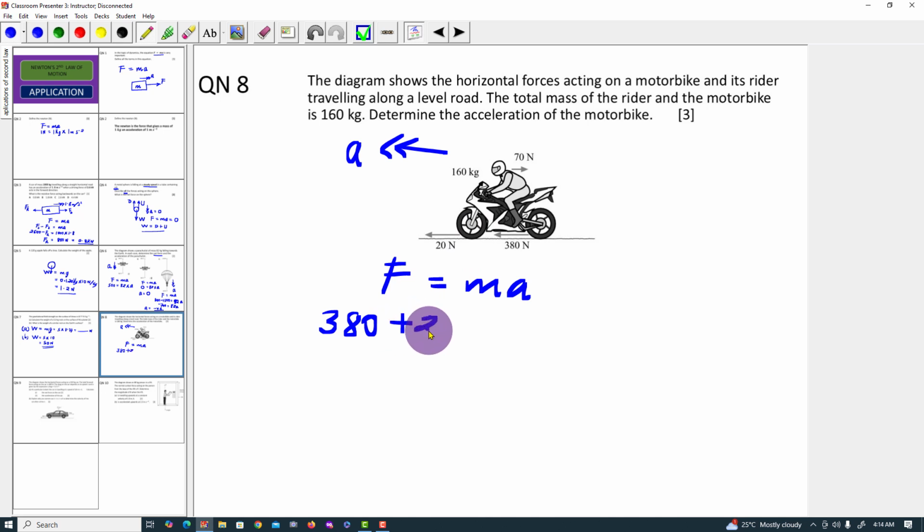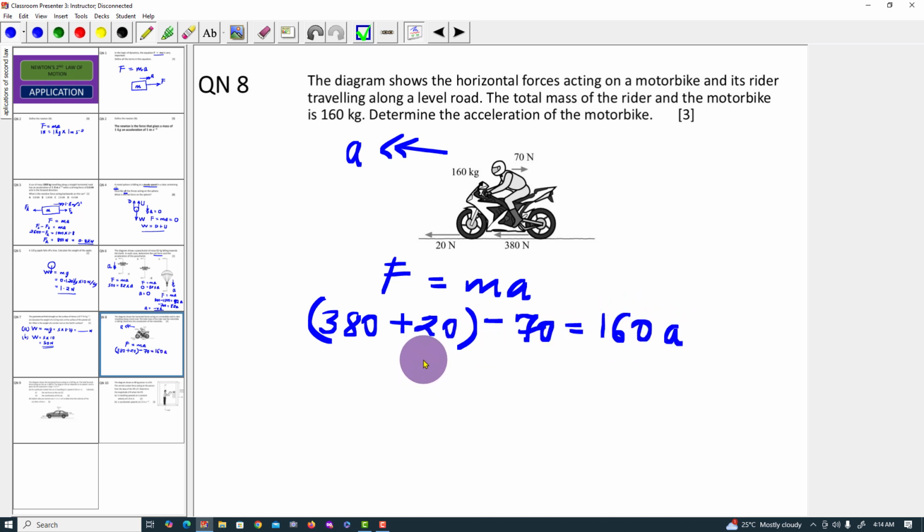You can see there are two of them, this one and this one. They are acting in the direction in which the motorbike is moving. The force which is opposing that will be 70 newtons, and of course ma is 160a.